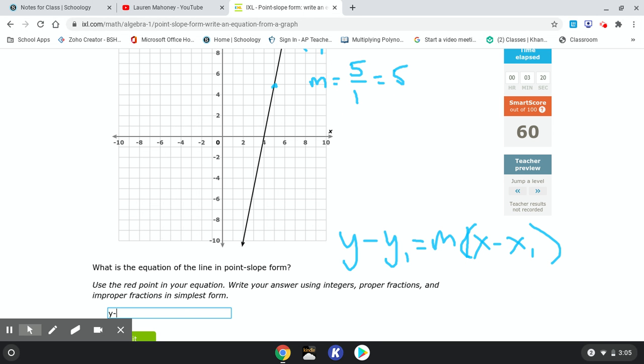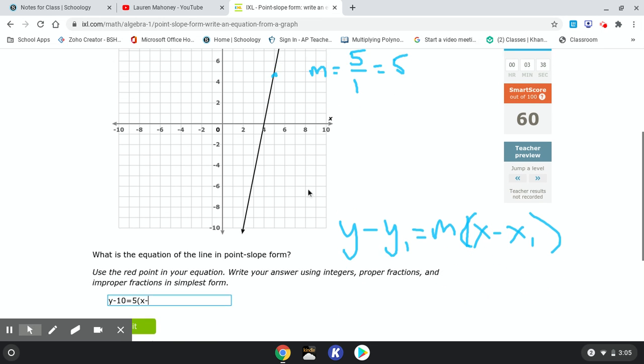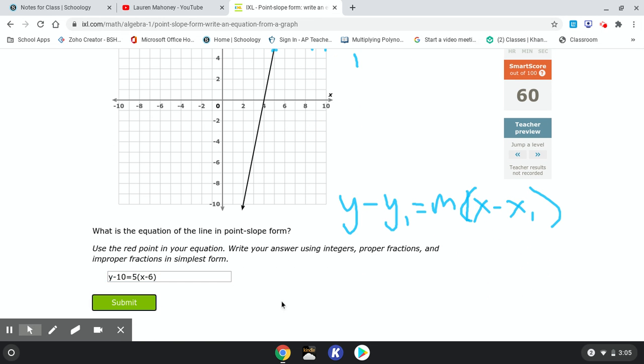Now we're plugging into this formula: y minus y1 equals m times parentheses x minus x1. We're going to take that information and plug it in down here. So I have y minus my y1, which was 10.